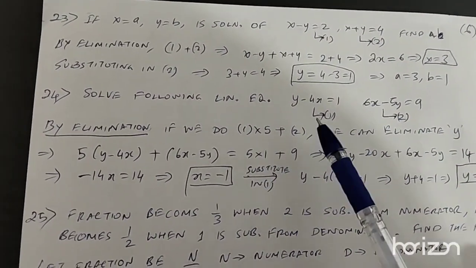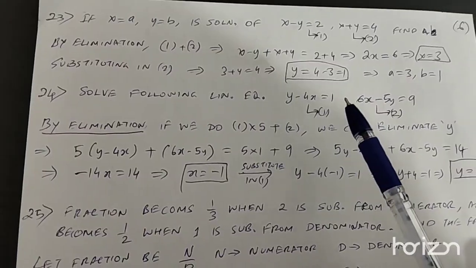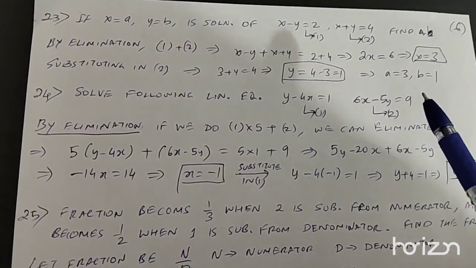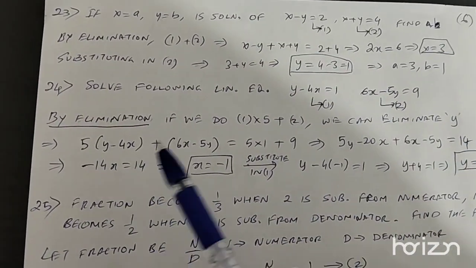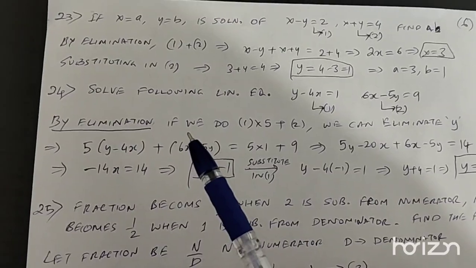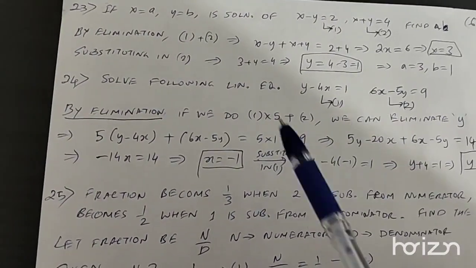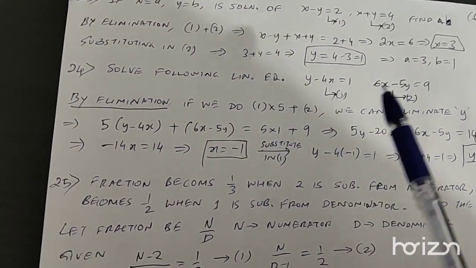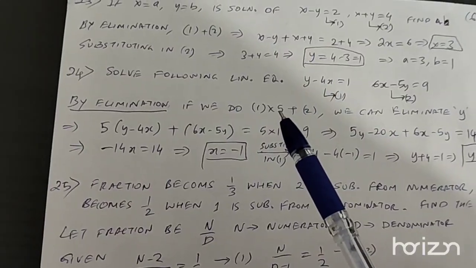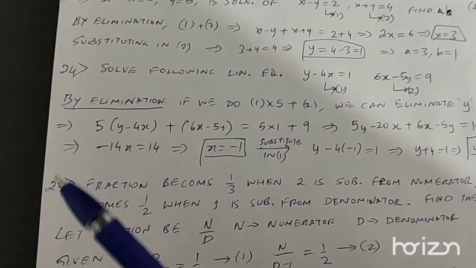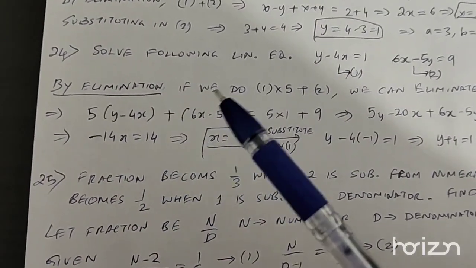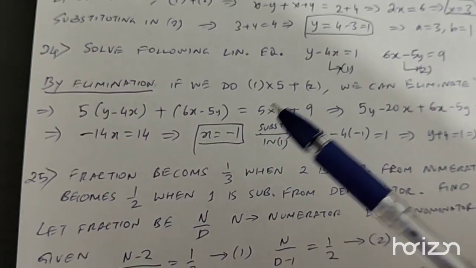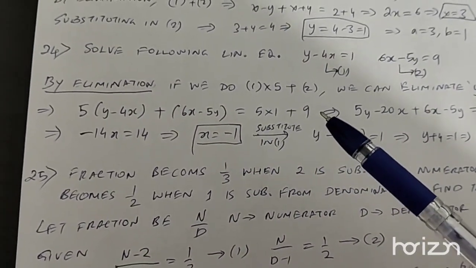Okay. Solve the following linear equation. y minus 4x is equal to 1 and 6x minus 5y is equal to 9. Again, we do by elimination. We want to eliminate y. So there is positive y here and negative y here. So do equation 1 into 5 plus equation 2. So 5 times y minus 4x plus 6x minus 5y is equal to 5 into 1 plus 9.